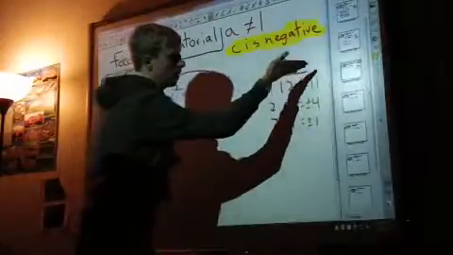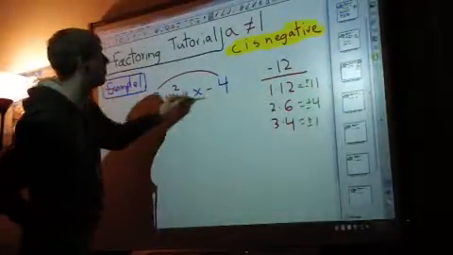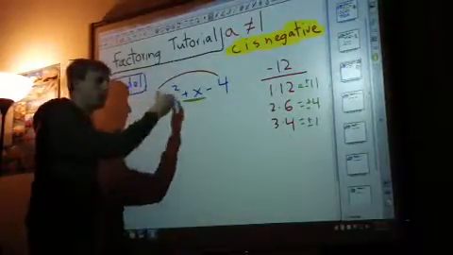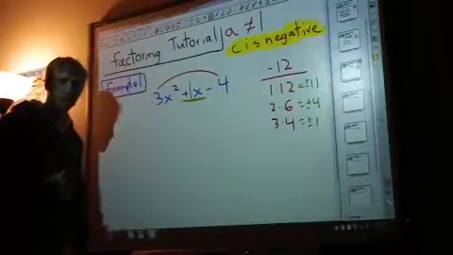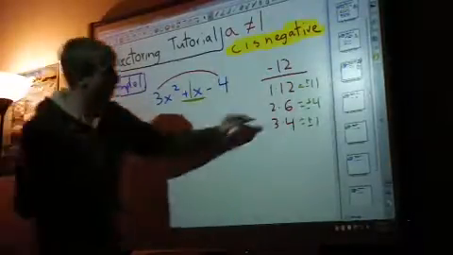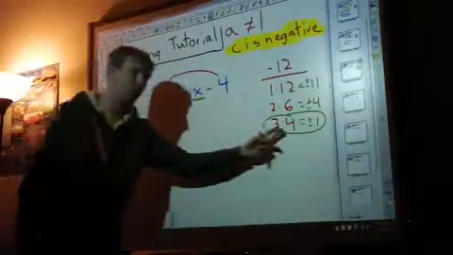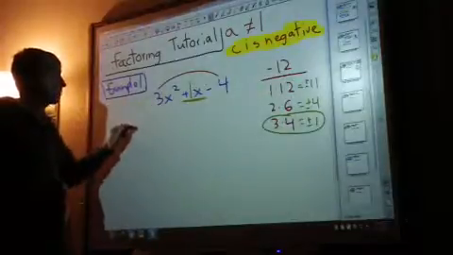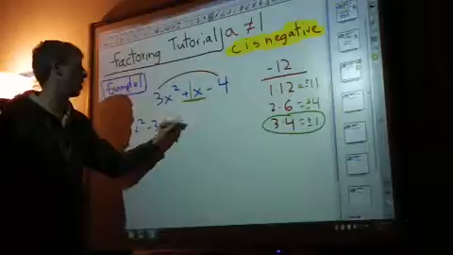The whole goal is I'm trying to match one of those with the middle term here. Now the middle term, there's not a number in front. You don't see it. You just say plus x. So I want you to think of that as plus 1x. So the ones that work, I have plus 1x within this combination. So when I set it up, I'm going to say 3x squared minus 3x plus 4x minus 4.